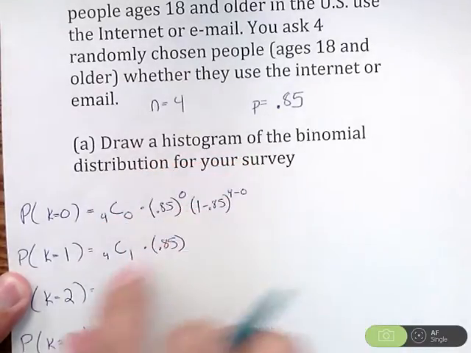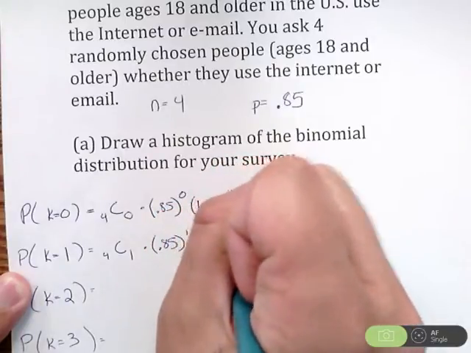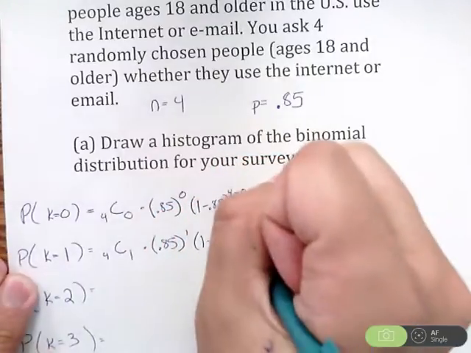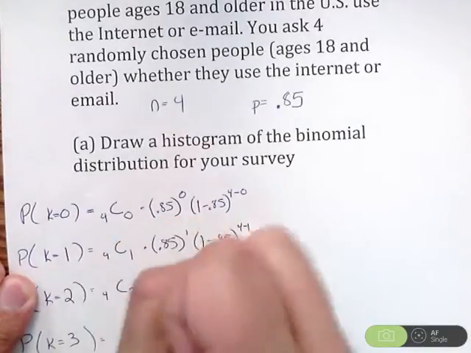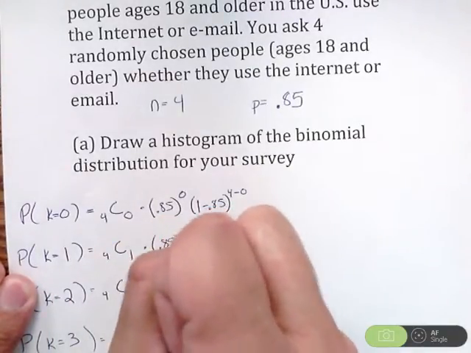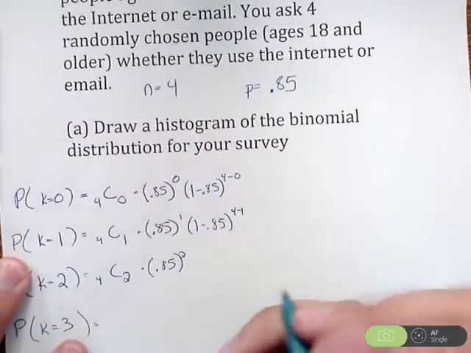0.85, instead of 0, we're going to write 1. 1 minus 0.85, instead of 4 minus 0, I'm going to have 4 minus 1. And you're going to notice that changes. Now the 1s will all become 2s.